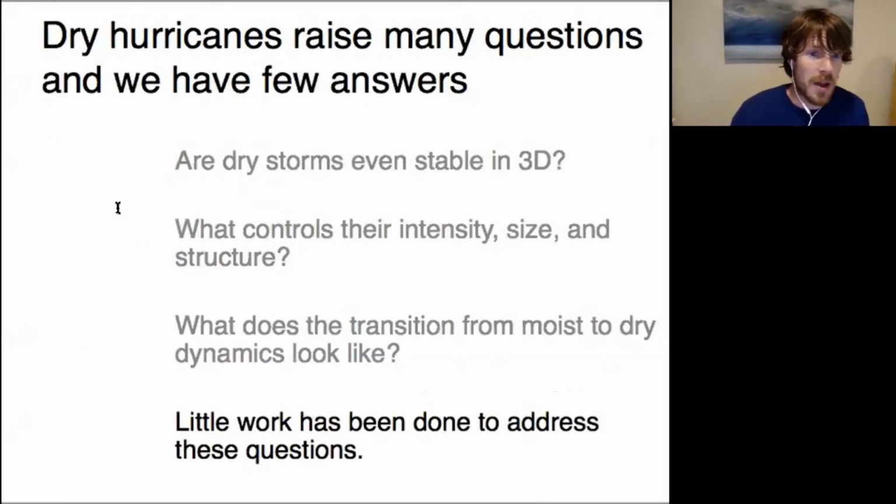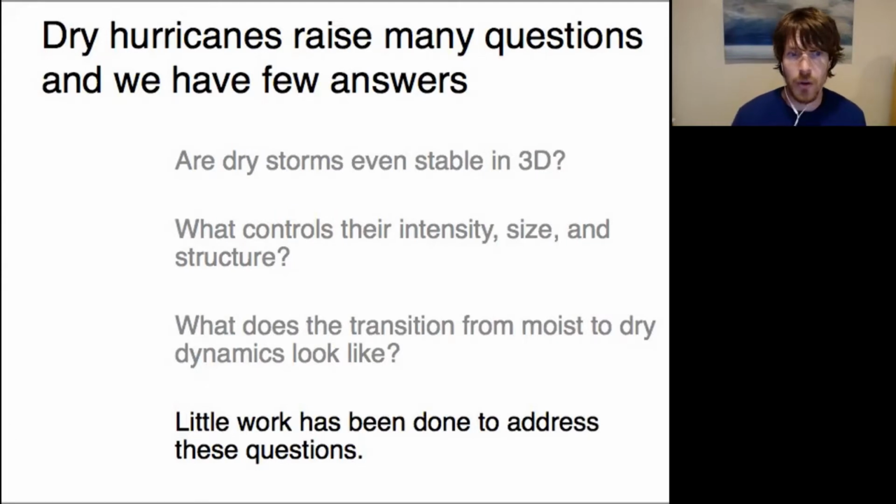So one is, this was an axisymmetric model. Axisymmetric models kind of like to form vortices because that's how they're set up around a center pole in cylindrical coordinates, so it's biased towards vortex formation. A question might be, are these storms even stable, or will they form in 3 dimensions when you simulate the full 3-dimensional fluid dynamics of a convecting atmosphere?